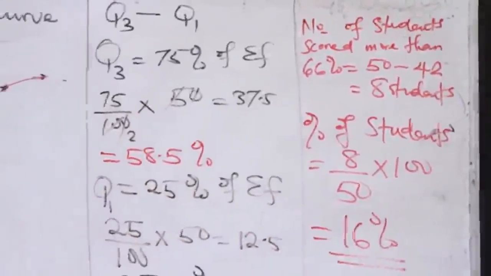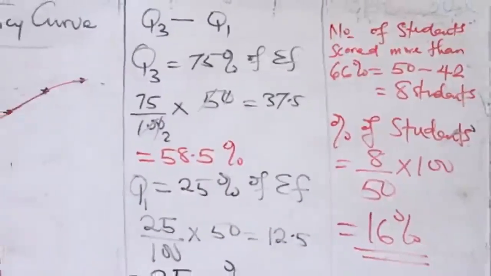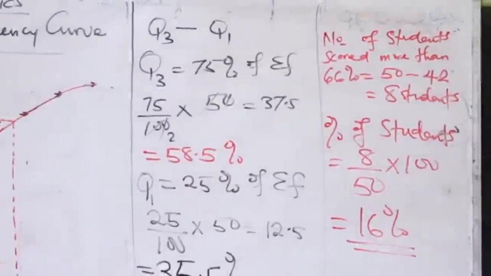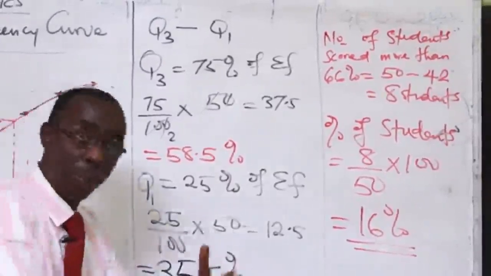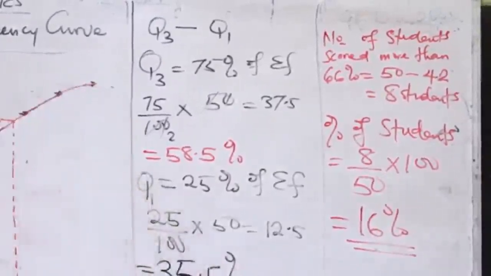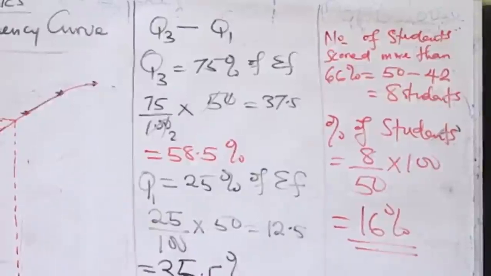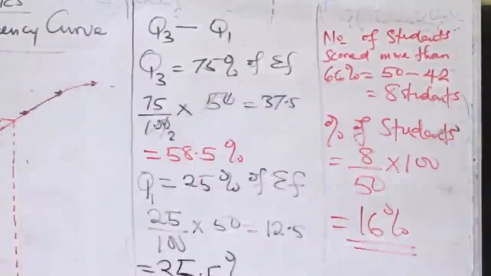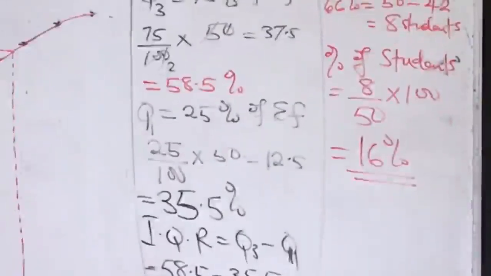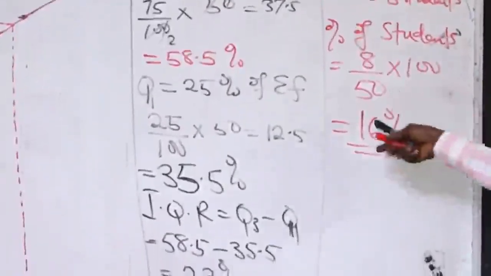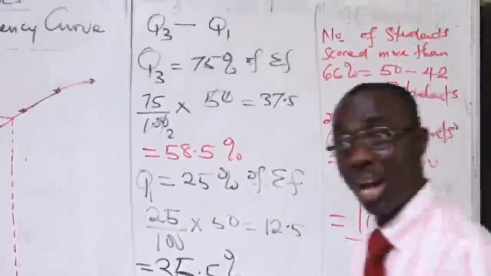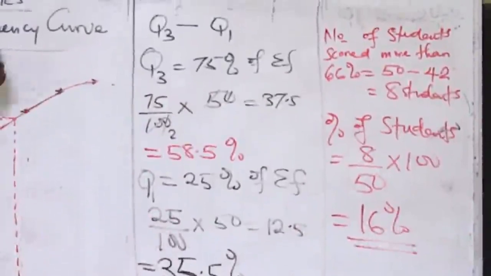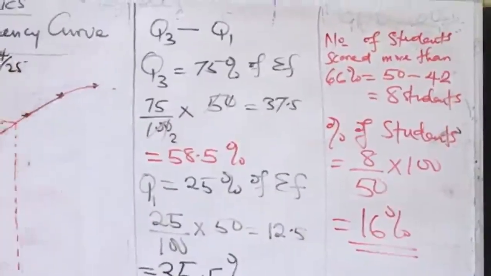Any reaction? I hope you remember I said they can also decide to lump probability into a cumulative frequency problem. This question, if I say what is the probability of students that score more than 66%, it's still the same thing as 8/50, but you will now reduce it to the lowest fraction. What is that probability? 8/50, 4/25.